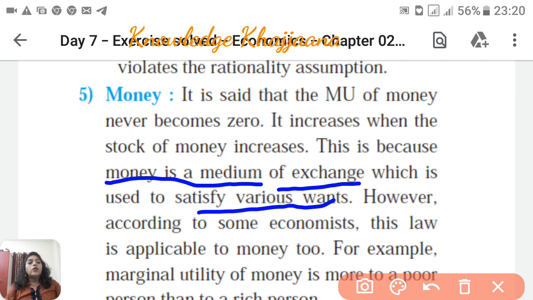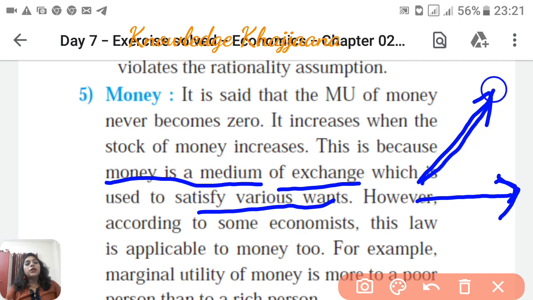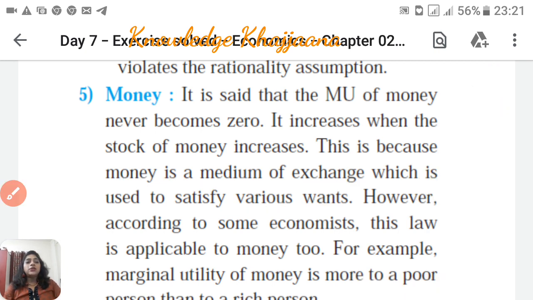With more and more units of money, the marginal utility of that money goes on increasing. It never declines. Why? Because money has lots of uses. All the desires, all the wants can be satisfied with money only. So an increase in the quantity of money gives more and more satisfaction. So money violates the law of diminishing marginal utility.